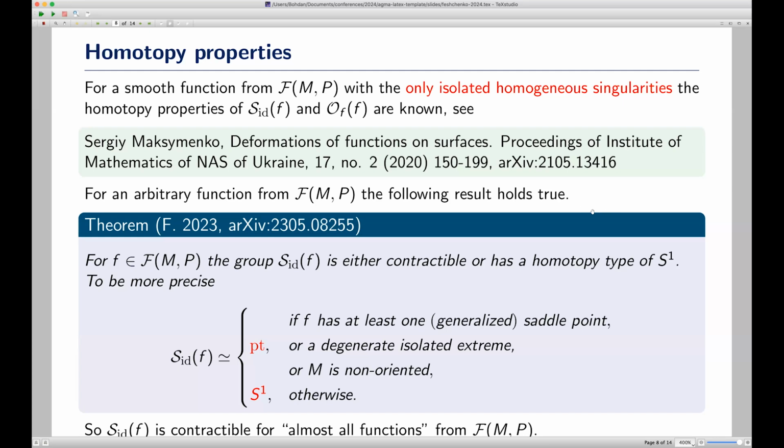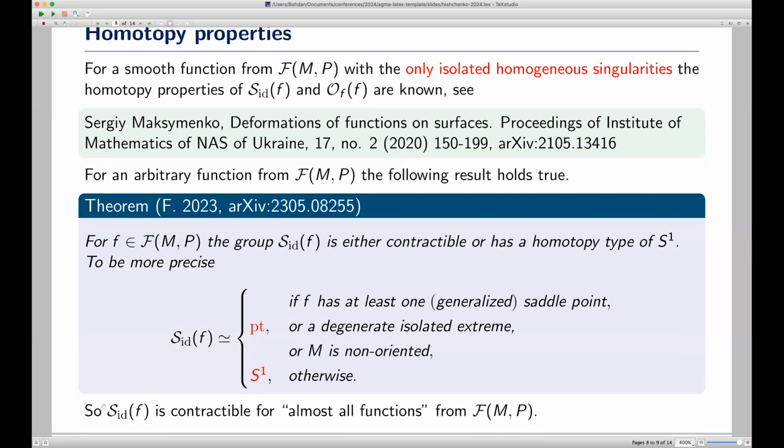To be more precise, it is contractible if f has at least one saddle point or a degenerate isolated extreme, or the surface is non-orientable, and otherwise homotopy equivalent to S1.